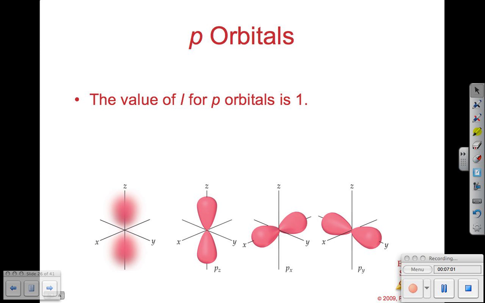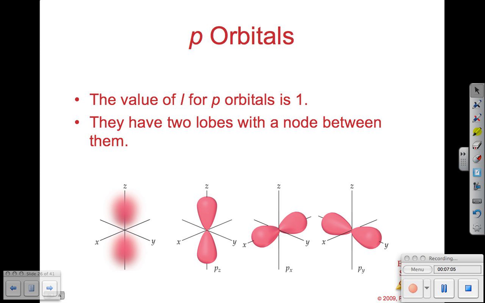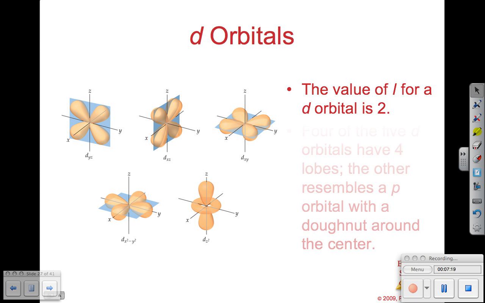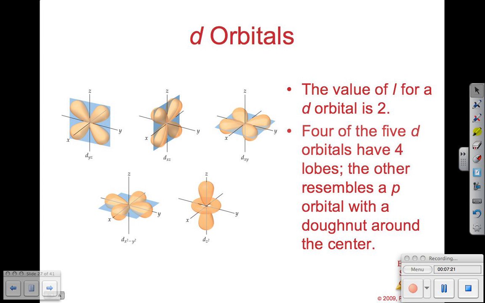So when we move to the next set, we've got the p orbitals, and this is where the L for p orbitals is 1, so 1, 0, -1, and they have these 2 lobes going off on all 3 axes. And then you have the d orbitals, which I just enjoy. I like that donut one in the middle or down at the bottom because it's just odd, but that's what the statistical math tells us about where the electron is.